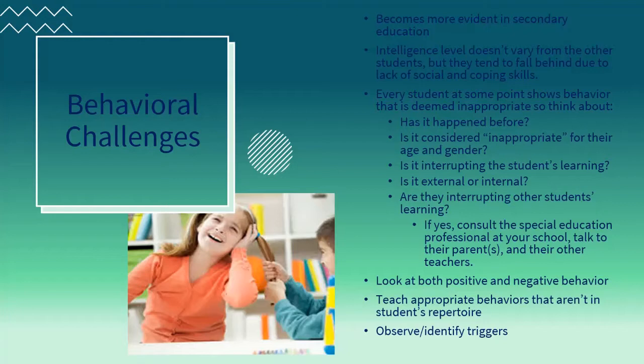With students with behavioral challenges, you want to look at both the positive and negative behavior that they're exhibiting. Teach appropriate behaviors that aren't in the student's repertoire. So this is where you're going to need to be a good role model and show them appropriate behaviors in the classroom. And then lastly, you need to observe and identify their triggers.